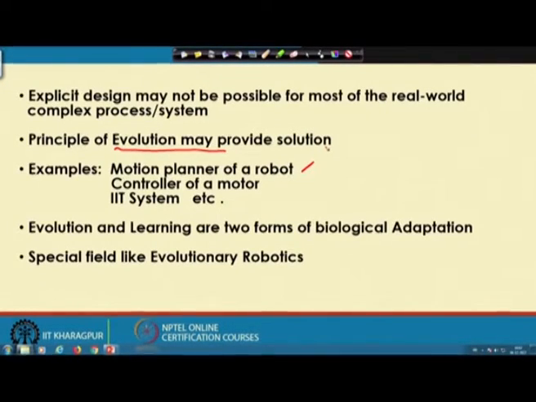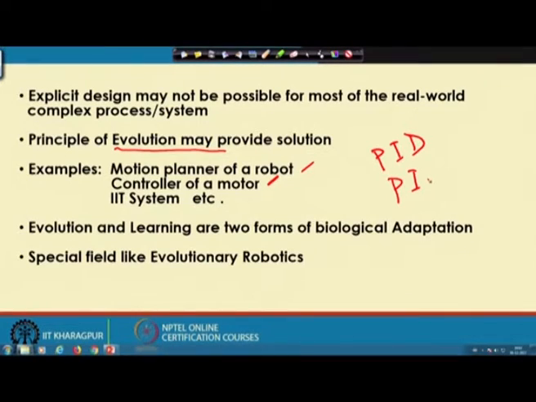Now, let us take another example, like the controller of a motor. In a robotic joint, each robotic joint uses a particular motor, and for this motor we have some controller. For example, sometimes we use a PID controller, proportional integral derivative controller, or sometimes a PI controller, proportional integral controller.